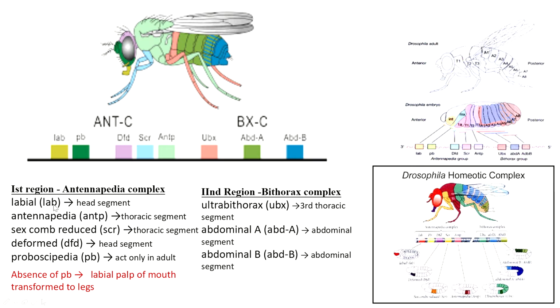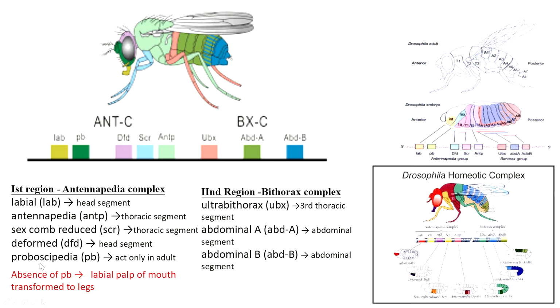The labial gene is responsible for the formation of the head region. Another one is deformed, which is also responsible for the formation of the head segment. Antennapedia as well as sex comb reduced are the specific genes for the formation of the anterior thoracic segments.